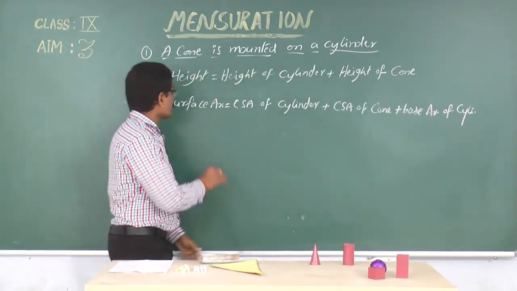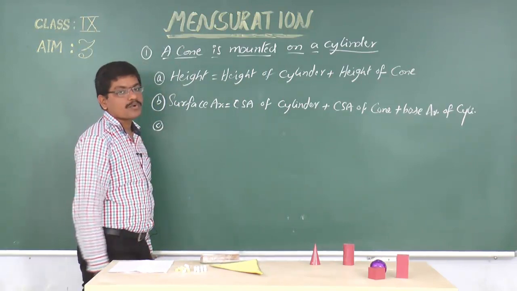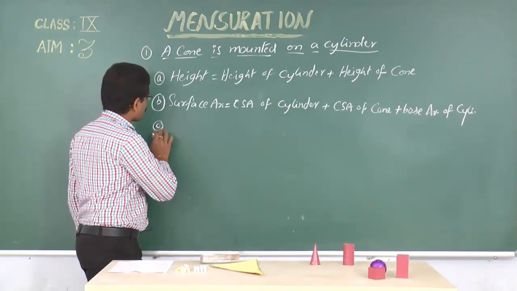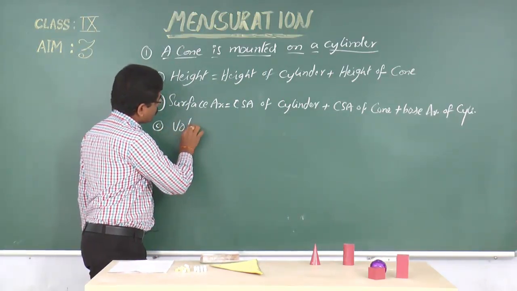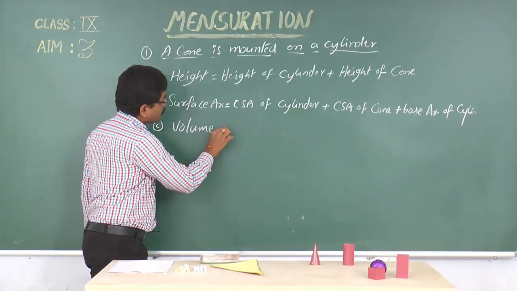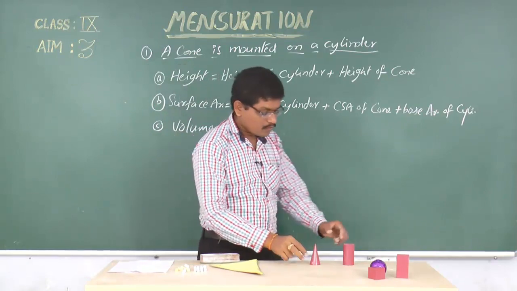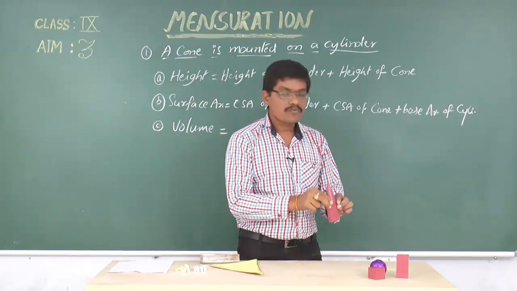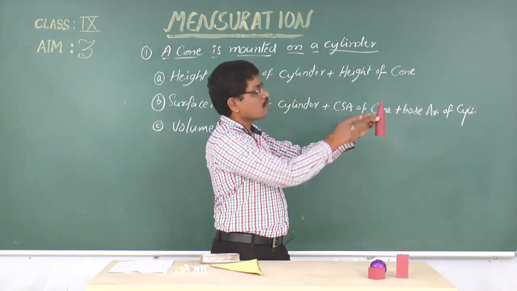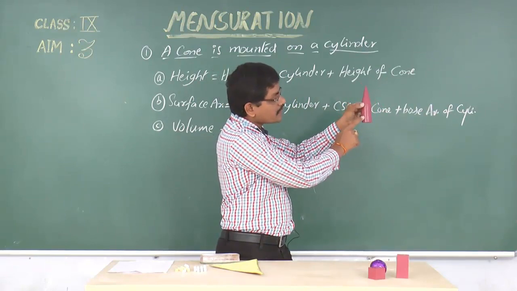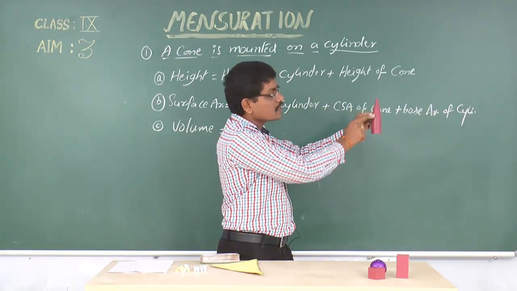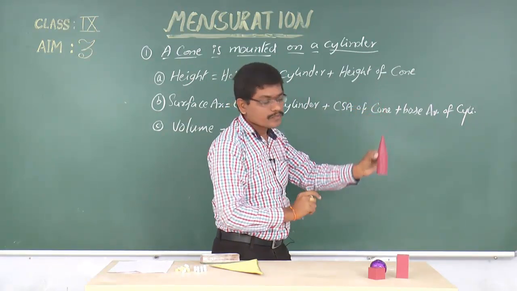Now third point, come to the volume. Volume is equal to, so to find the volume of this solid, we have to add the volume of cylindrical part, that means cylinder, and volume of cone.